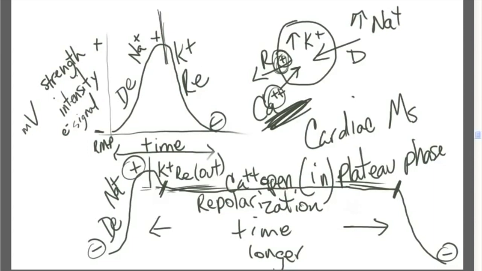Have you ever heard of calcium channel blockers? And maybe they affect your heart's ability to pump, its rate, its rhythm, its strength, and things like that. Cool. If you block the calcium channel, can you see that it would repolarize faster? Right? Wow, cool. That's cool.